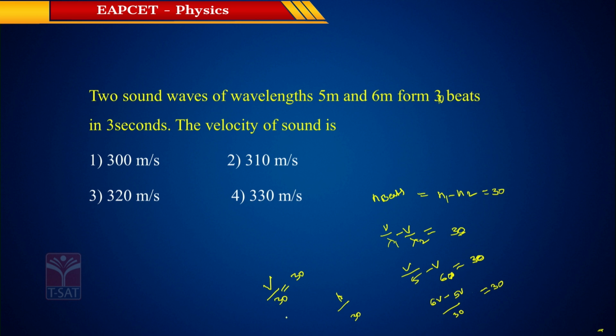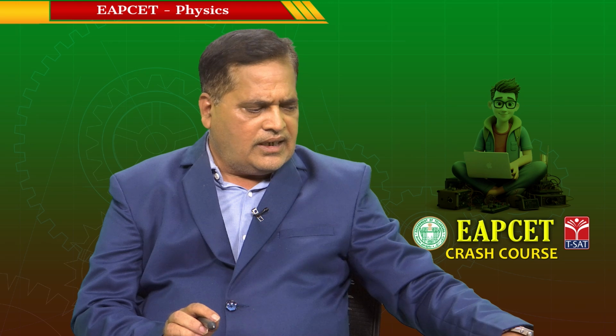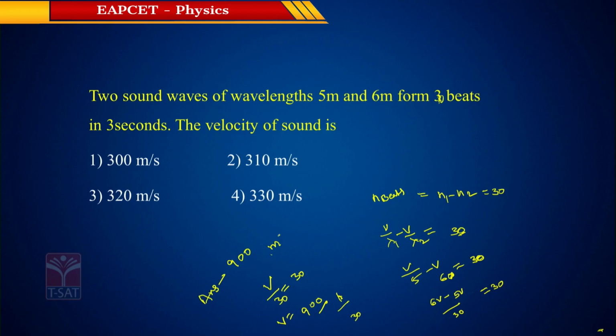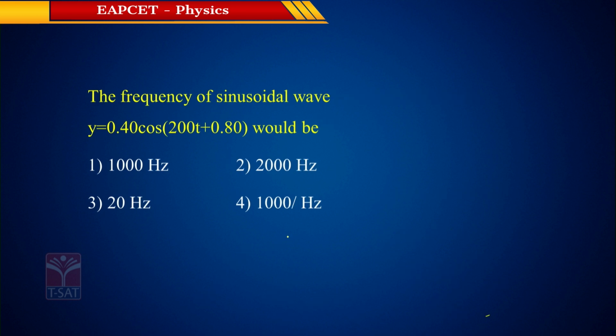Okay, therefore what is the value? Cross multiplication, v is equal to 30 into 30. How much here? 900. Okay, take that the correct answer is 900. And what is the unit of 900? Meter per second, meter per second.